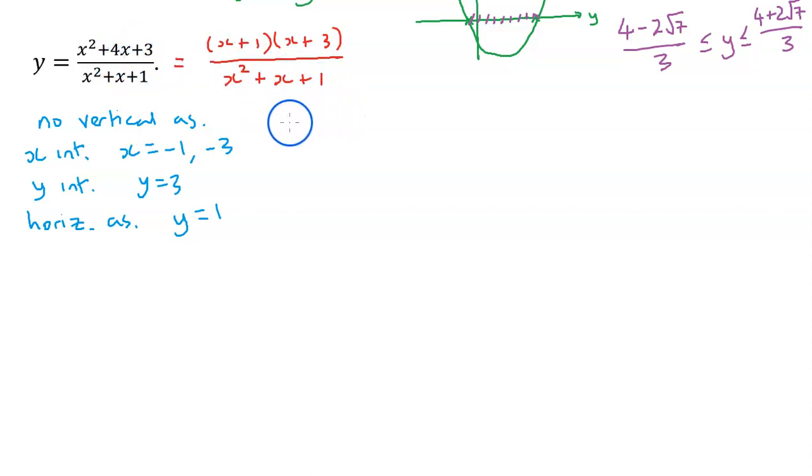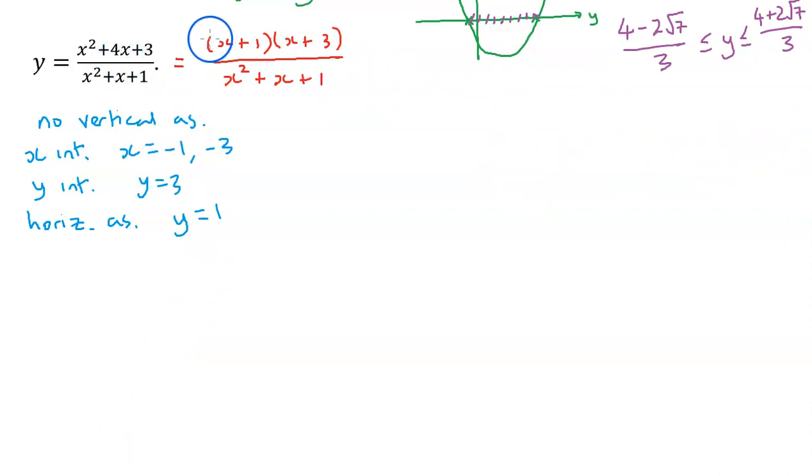So we should be able to draw the whole graph without taking our pen off the page. And since it's stuck between 4 minus 2 square root of 7 over 3 and 4 plus 2 square root of 7 over 3, that implies it's going to have this kind of shape, with the line in the middle being the horizontal asymptote.